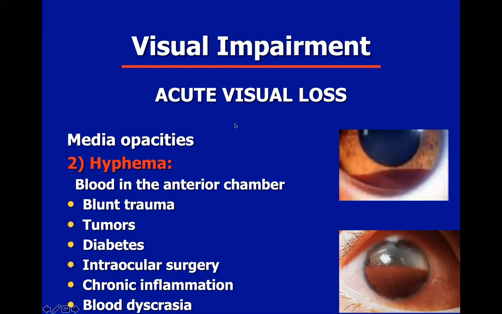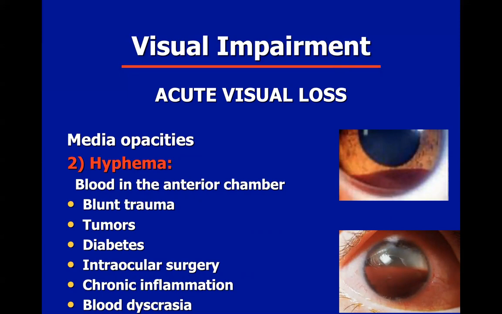Look at your watch again, that space between your glass part and where your actual numbers are. So it's blood in the anterior chamber, and you can see it here. Thank God it's not covering the pupil, but here, unfortunately, this is covering the visual axis.